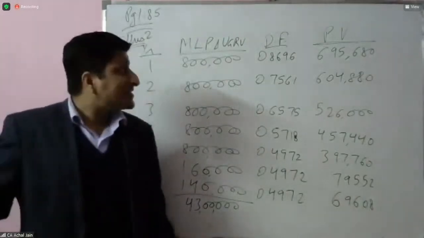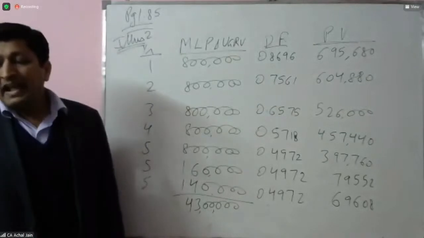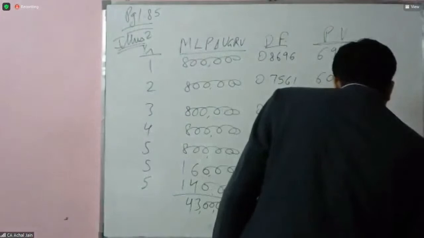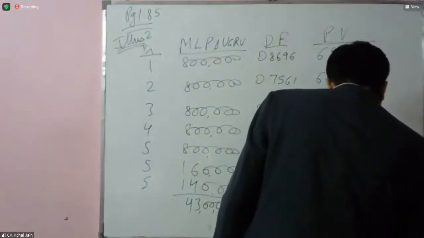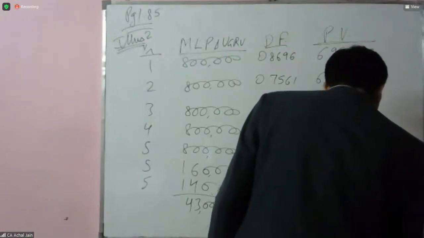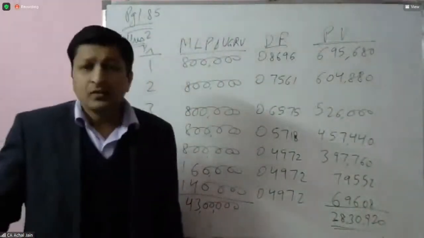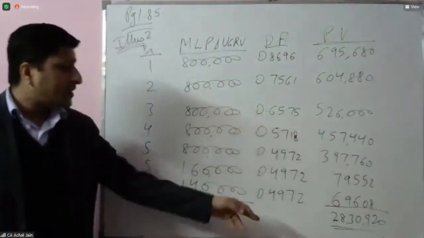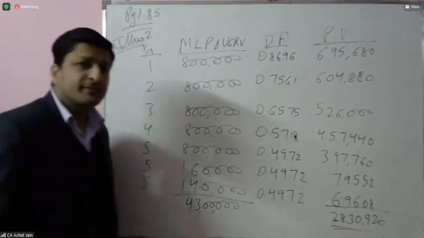And what is the present value of both of them? 28 lakh 30,920. So what is unearned finance income? Difference between these two. Simple, easy to compute.